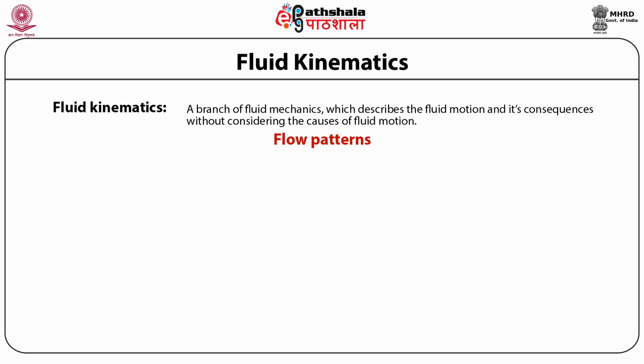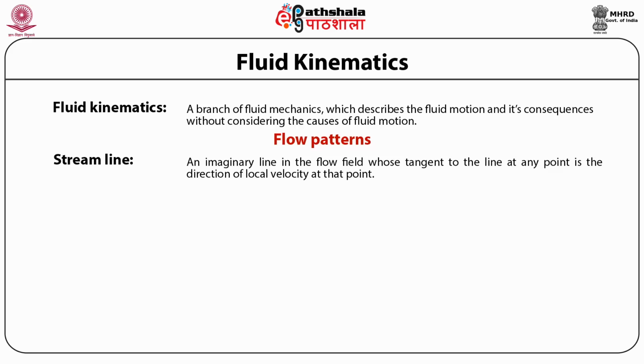The common fluid patterns are streamline, path line, streak line, and timeline. Streamline is an imaginary line drawn in such a way that the tangent to this line at any point represents the local velocity at that point. Understood?